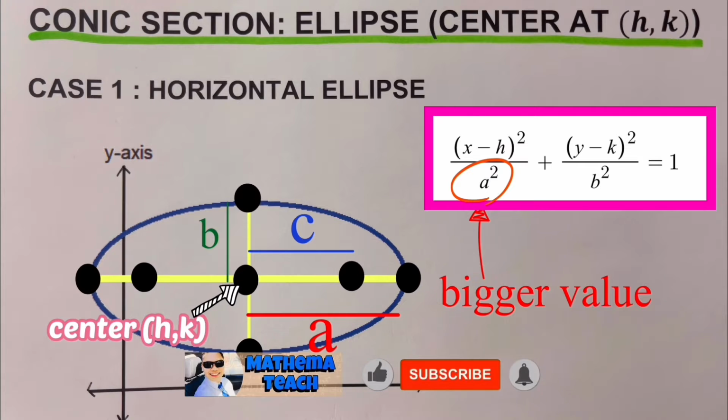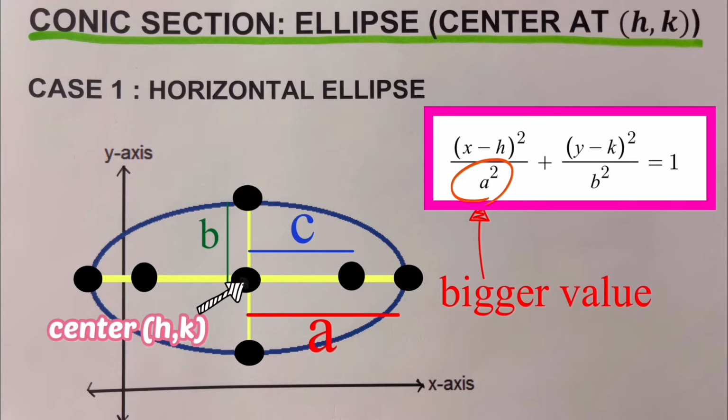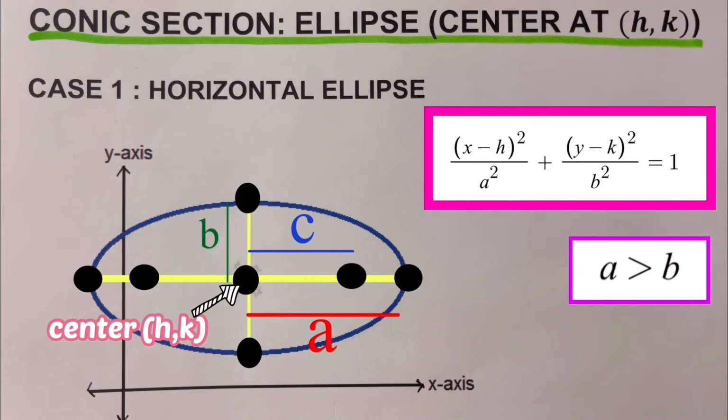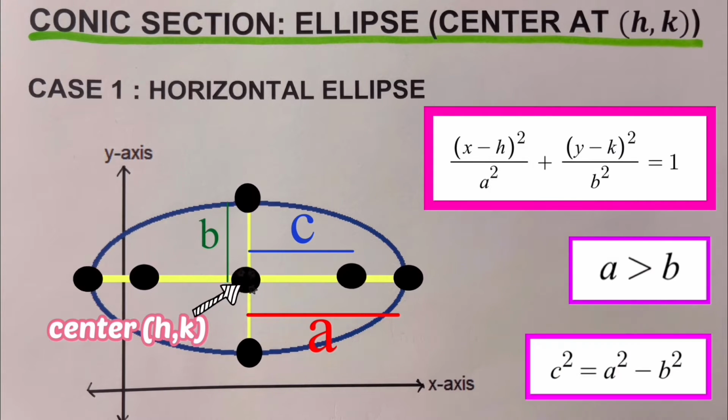The reason for this is because it is a horizontal ellipse. Horizontal means left and right, so the a will be under the x. Now, we also remember that the value of a is always greater than b. And the equation that relates a, b, and c is c² = a² − b².